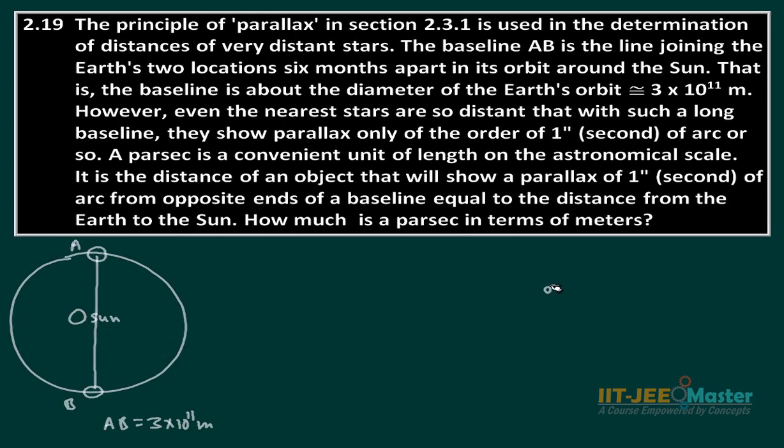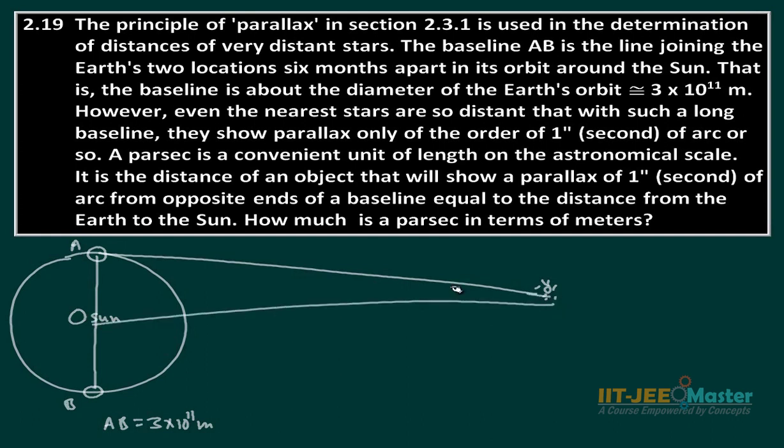So this is a star, suppose. And this is the angle theta made by the star on the distance between Sun and Earth, this is defined as 1 parsec, and this is half of 3 into 10 to the power 11. When theta is in degrees, we have to convert it into radians.